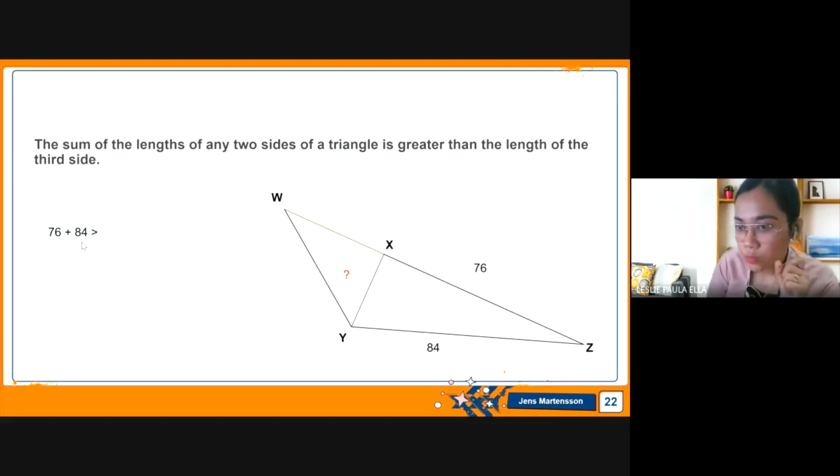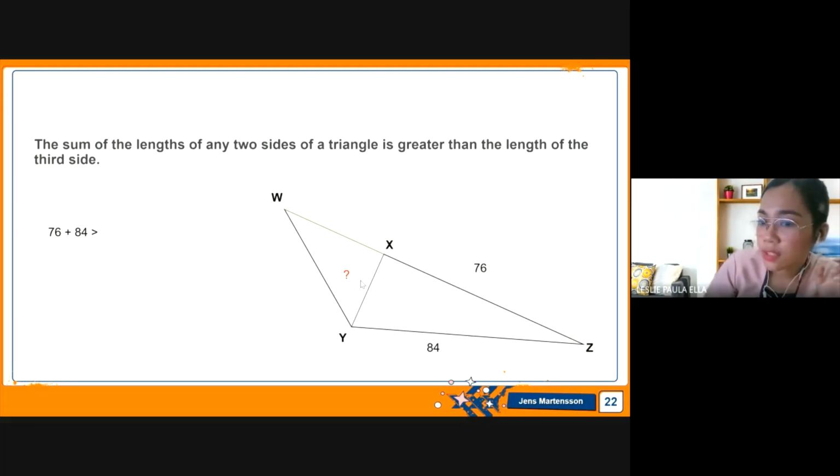What should be the answer? What number might satisfy the given statement? What is the number that when added to 84 will give us a sum greater than 76?